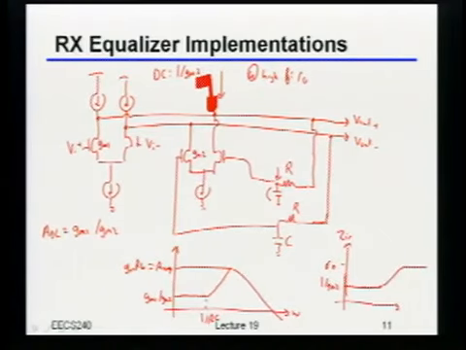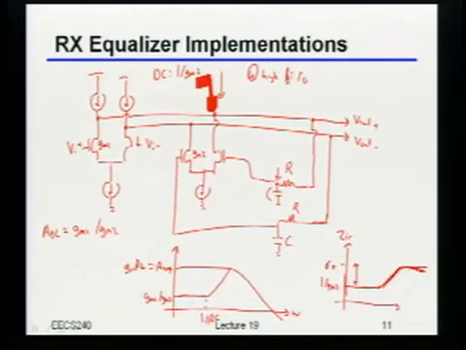Which means it's going to have to do something like this. In other words, if it has a 0 at one spot, it's eventually going to have a pole. Of course, the ratio between the pole and the 0 is exactly what sets that peaking gain right there. Okay? This sort of makes sense to everybody here?